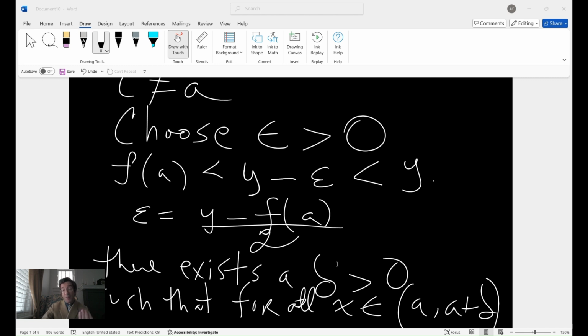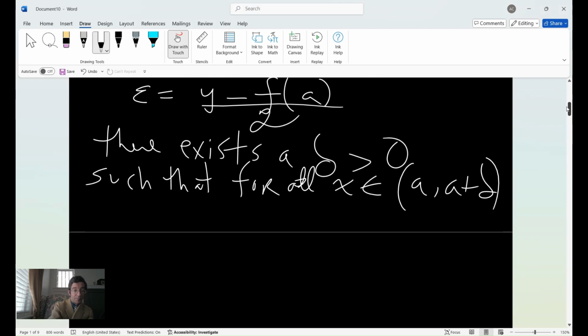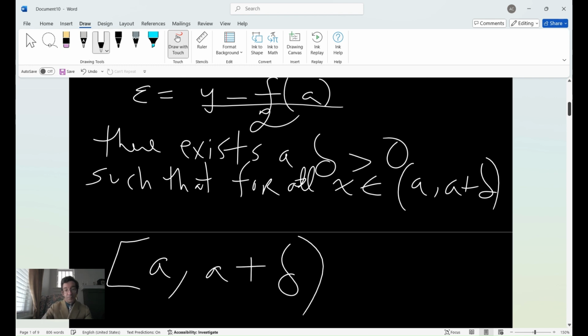So x is an element of u. So the entire interval here, so we would have we start at a, so the entire interval has to be a subset of u.